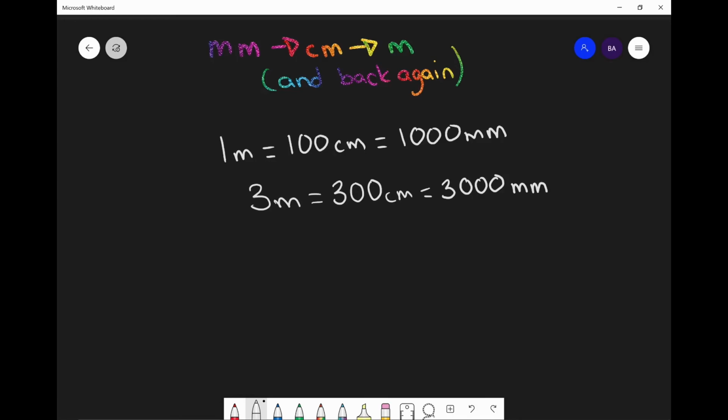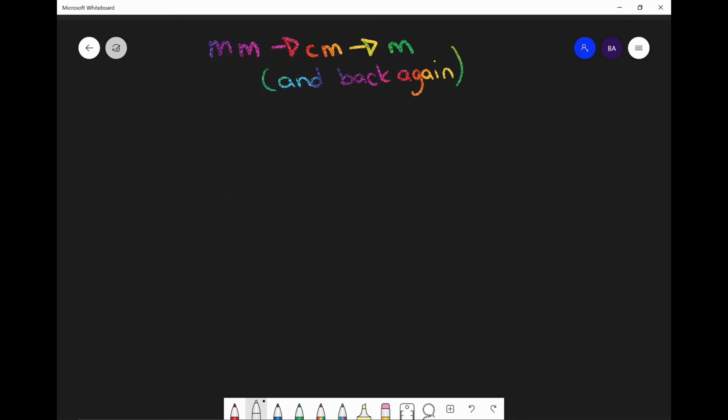All right, so it might seem a little bit strange to you guys if you're following along here that even though we've already learned that we've got 1 millimeter and 1 centimeter, and in that 1 centimeter, I have 10 millimeters, and in 1 meter, I suddenly jump up to 100 centimeters in that meter and 1,000 millimeters in that meter.